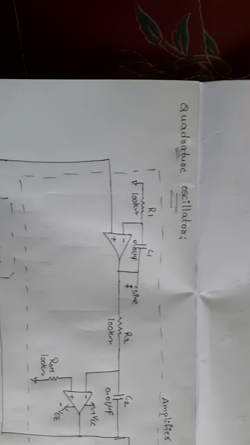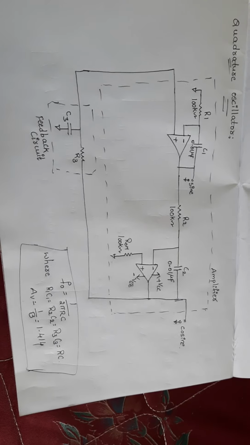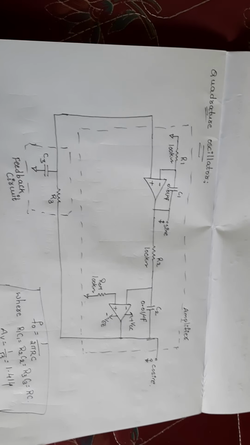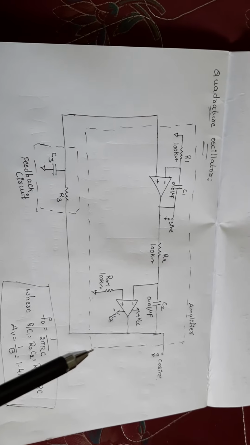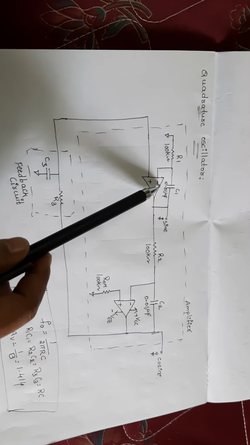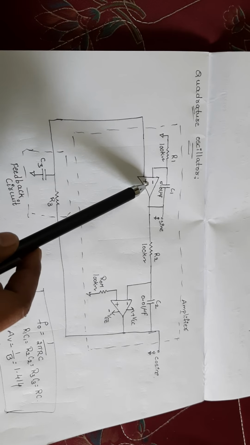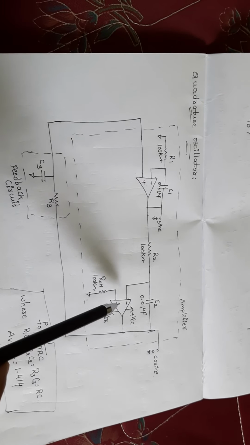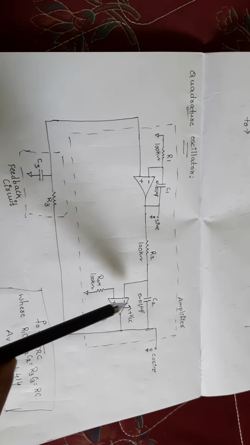And next, quadrature oscillator. The third oscillator is the quadrature oscillator. This quadrature oscillator is going to produce two output waveforms. First, this is op amp A1 and this is op amp A2.